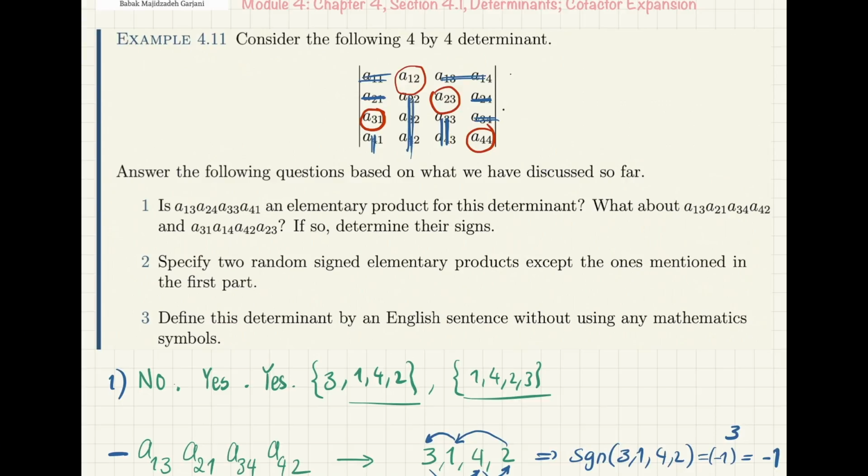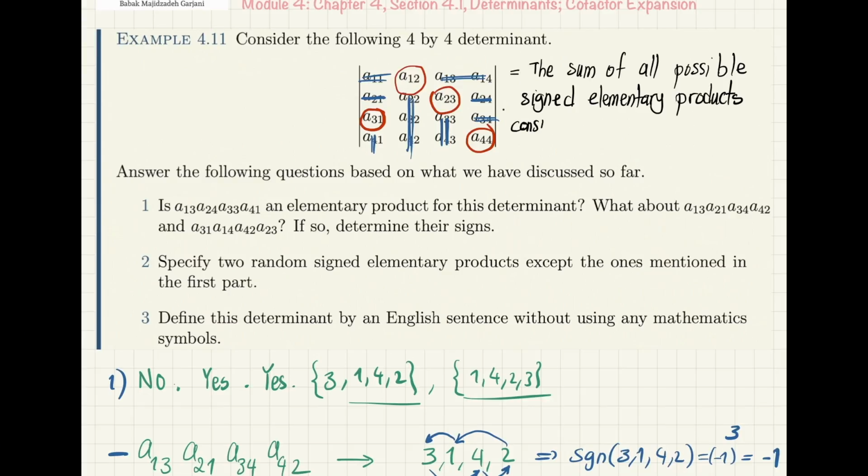Is equal to the sum of all possible signed elementary products consisting of entries of the determinant as factors, for example.